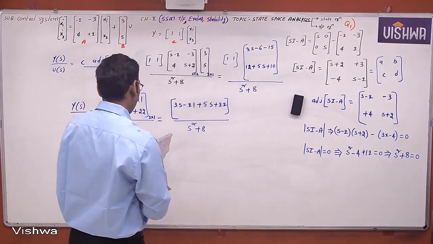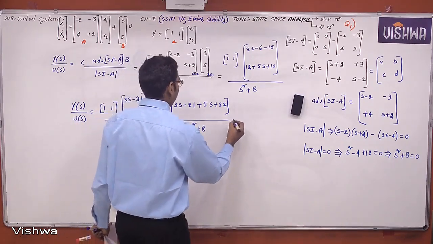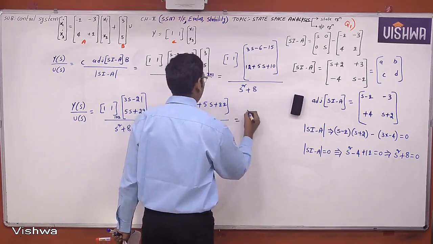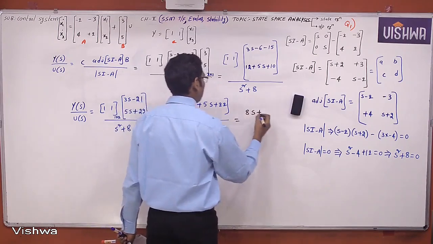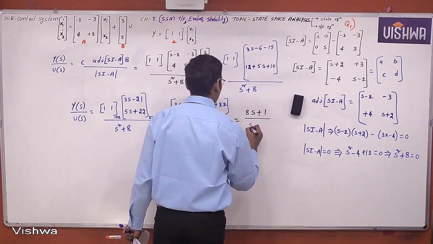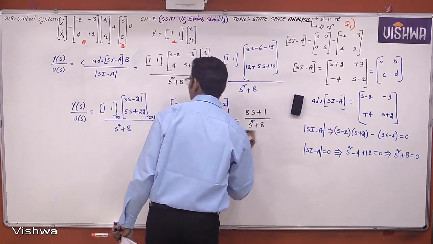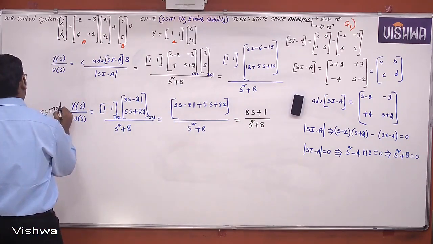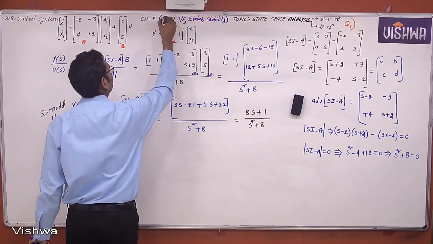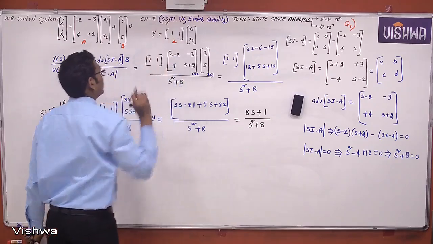Therefore, the state space model transfer function is (8s plus 1) by (S square plus 8). This is finished.